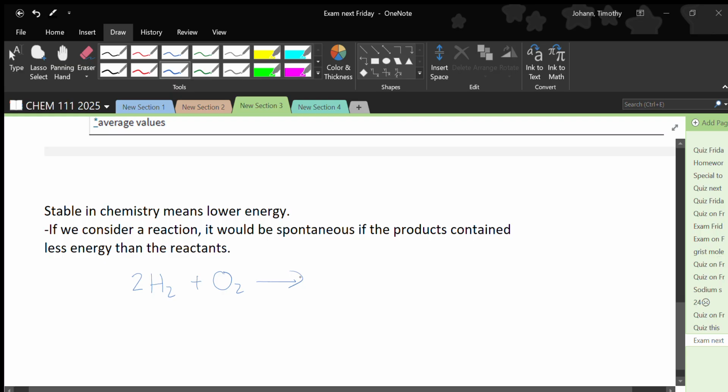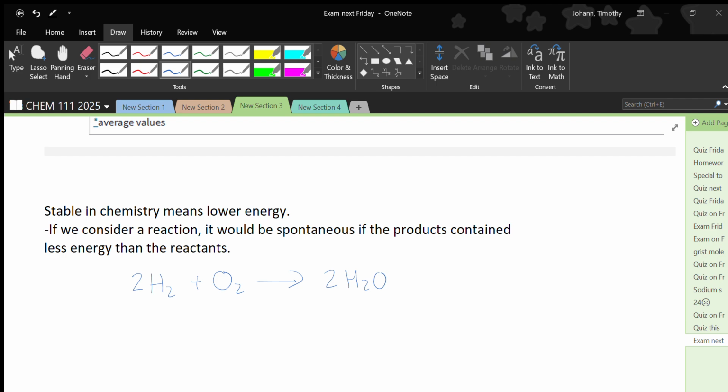So I've got two hydrogen molecules reacting with one oxygen molecule to make two water molecules. That's a very spontaneous reaction. It gives off a lot of energy. You know that because you see flames coming out of the back of the space shuttle, right? That's a lot of energy being released. And so this is spontaneous.